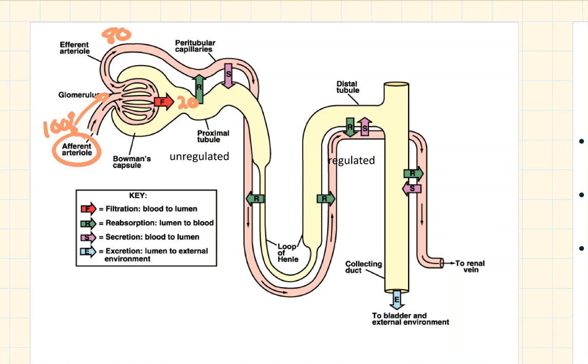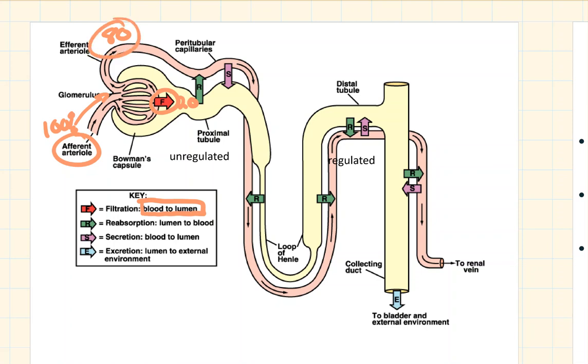So you have fluid and some molecules, like maybe some ions, some organic molecules like glucose, and definitely some water that gets filtered in. So filtration is the process of moving from the blood to the lumen. And the lumen is just the inner tube, the inside of the tube of the nephron. So filtration occurs specifically in the glomerulus, and about 20% of the blood that came into the glomerulus will get filtered in. The other 80% will exit through the efferent arteriole.